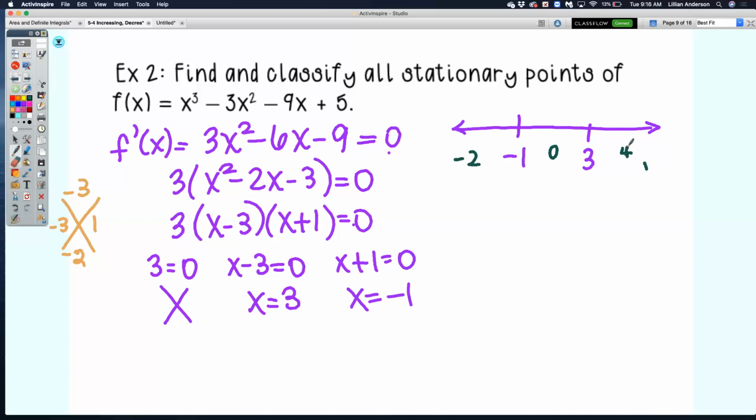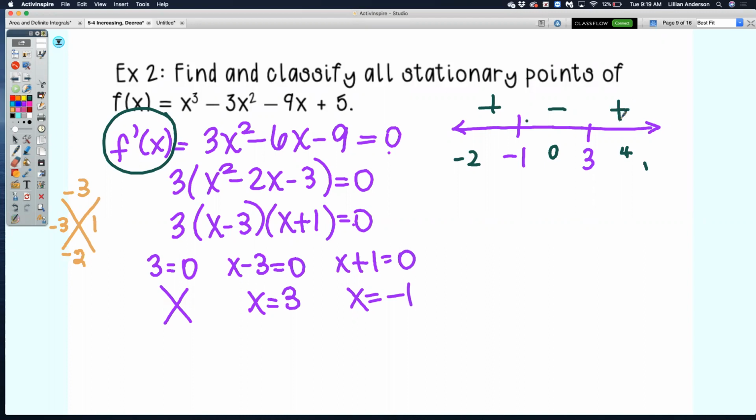And I plug each one of those test points into the derivative, so go ahead and do that. Careful. Plug it into the derivative. Here we go. So when I plug in -2, what did you guys get? Positive. When I plug in 0, we got negative. And then 4, we got positive.